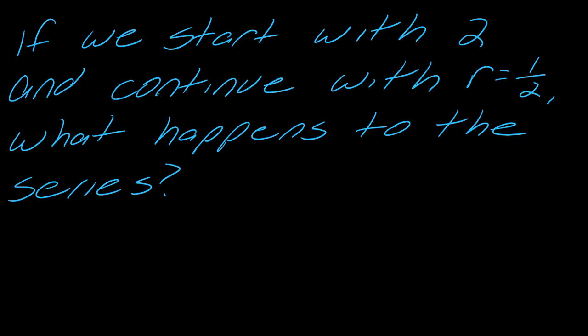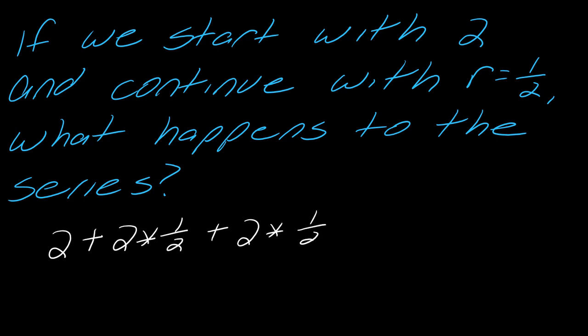So if we start with 2, and then we use the common ratio 1/2, what happens to the series? So let's just think. So I'm going to start with 2, and my common ratio is 1/2. So I'll take 2 times 1/2, and so let's see, then I'll have plus 2 times 1/2 squared, plus, how about we'll do one more.